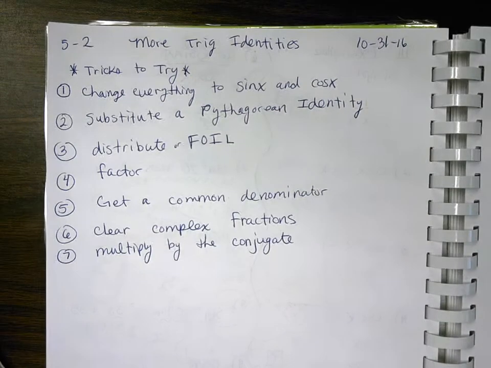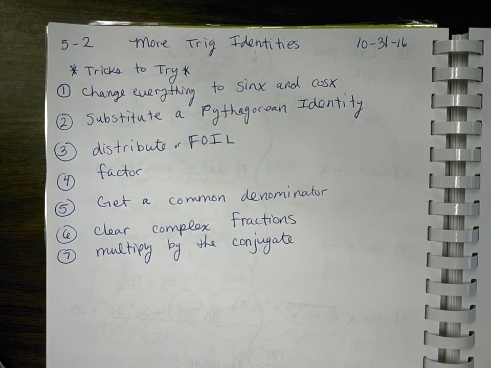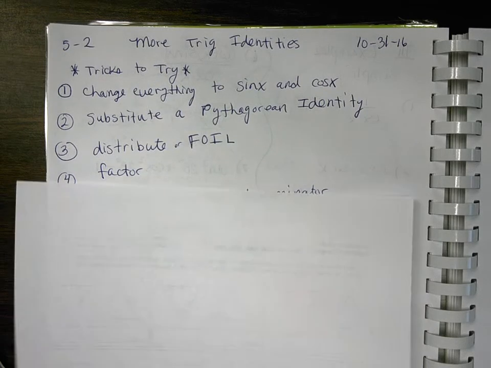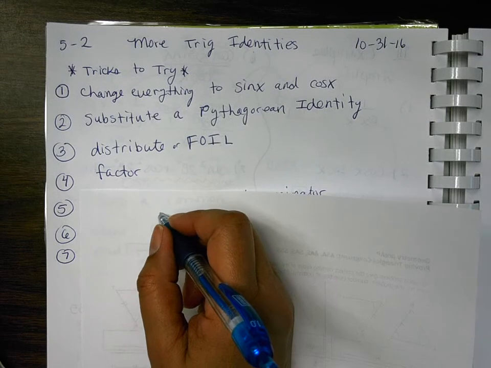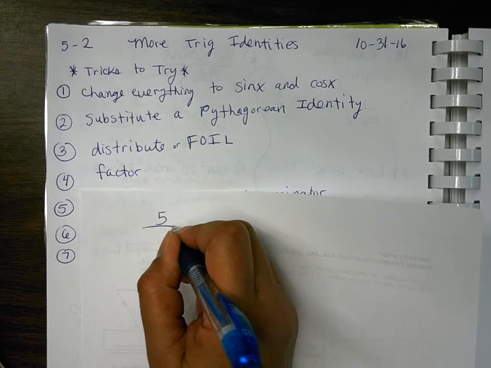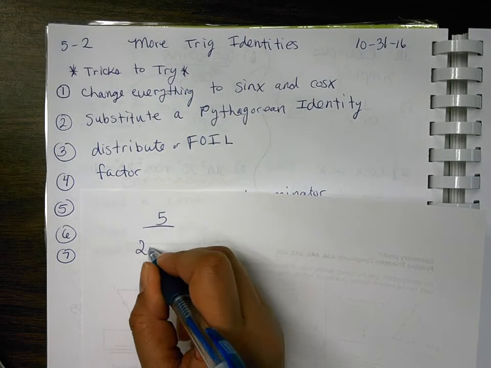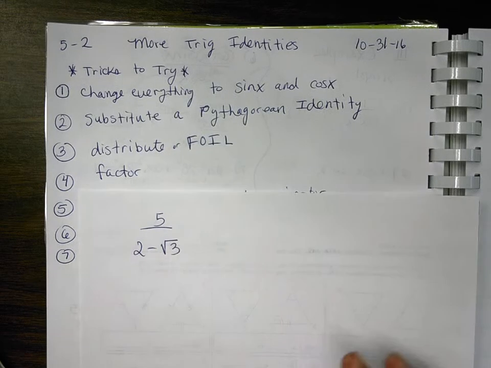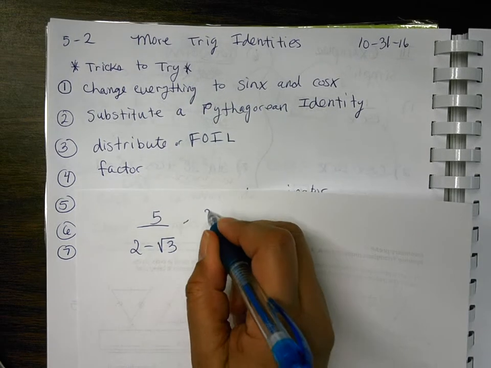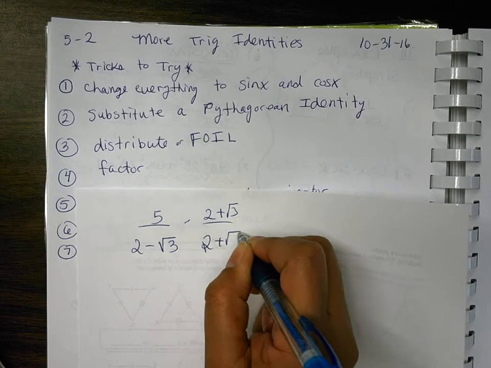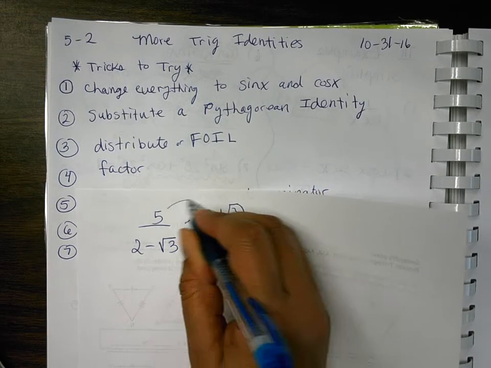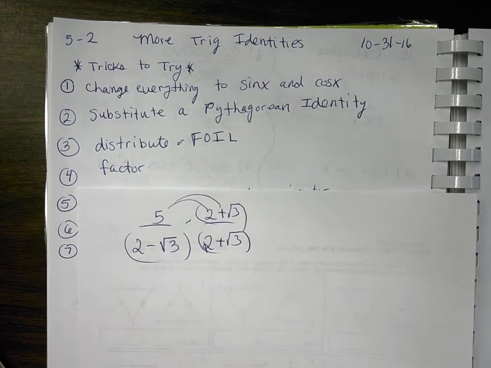Do you guys remember working with conjugates last year? Then you multiply top and bottom by like 2 plus root 3. Do you remember that? And then you would have foiled?